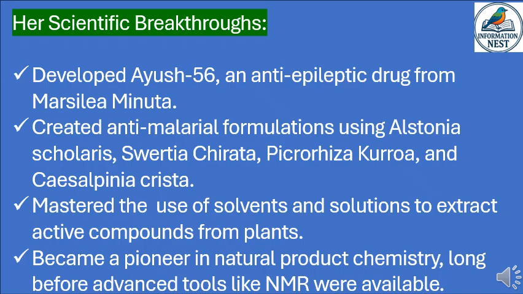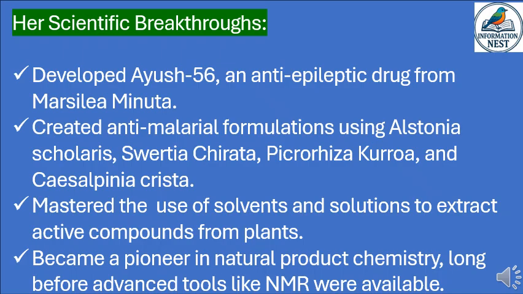Her secret weapon was the art of using solvents and solutions to extract active compounds from plants. At a time when tools like NMR spectroscopy didn't even exist, she relied on deep knowledge, precision, and patience. Asima Chatterjee didn't just study plants, she listened to them.